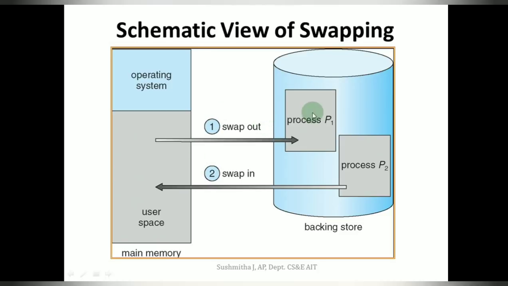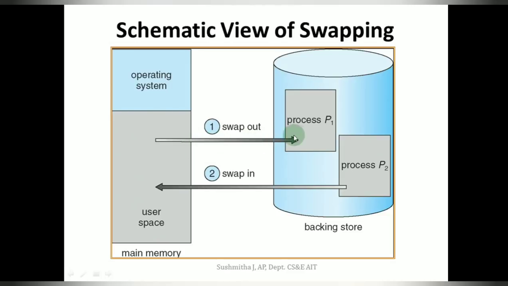Now let me say process P1 was at a memory location, let me say the range was from 100 to 150. Fine, I am talking about the address range. Let me say it is at the address range 1000 to 1500.